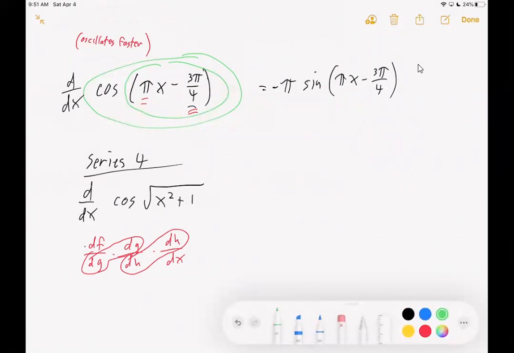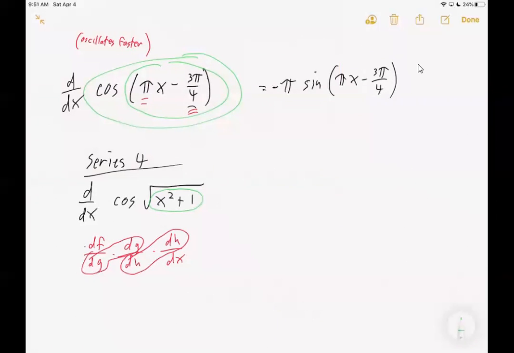So if I'm just trying to do this, I could write out all of the terms, but let me do it by circling. So my innermost function is x squared plus 1. Outside of that, we take all of that to the 1/2 power. And we talked about that on the memory list. And then we take the cosine of all of that. So we have 3 layers here.